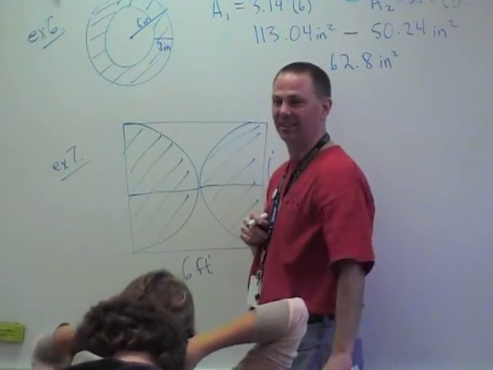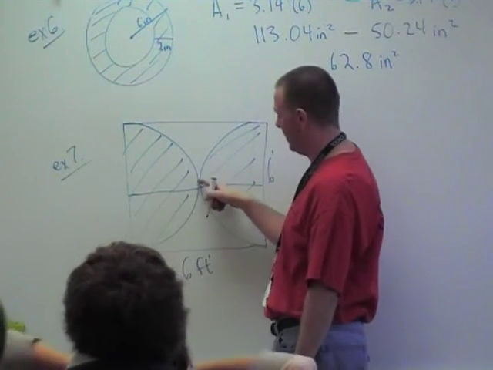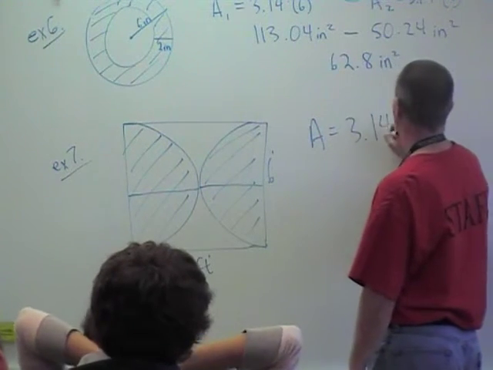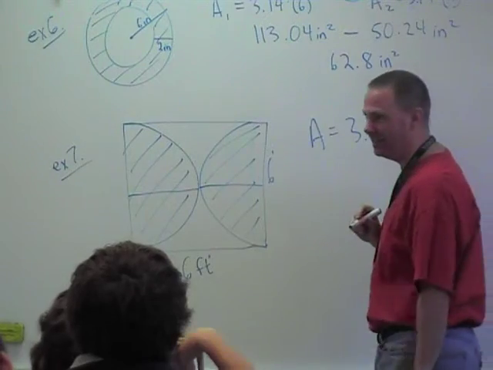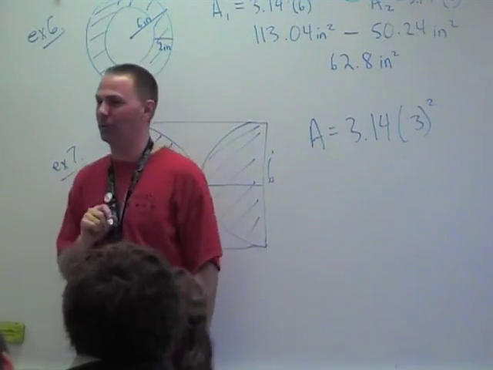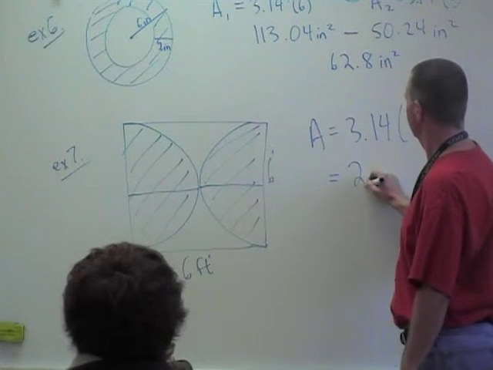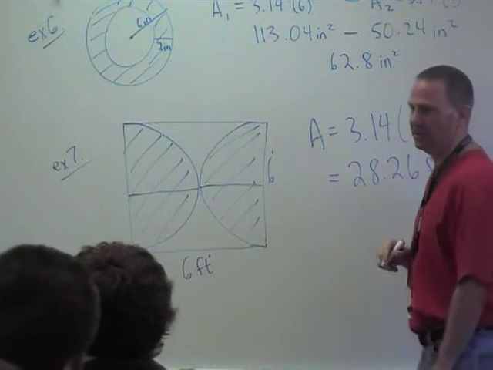Devin. 3. Yeah, the radius is 3. If this is 6, and it's a square, then half of this is 3. So the area of this circle is 3.14 times 3 squared, 9. 3.14 times 9. What do you get? 28.26. Yes, feet squared.